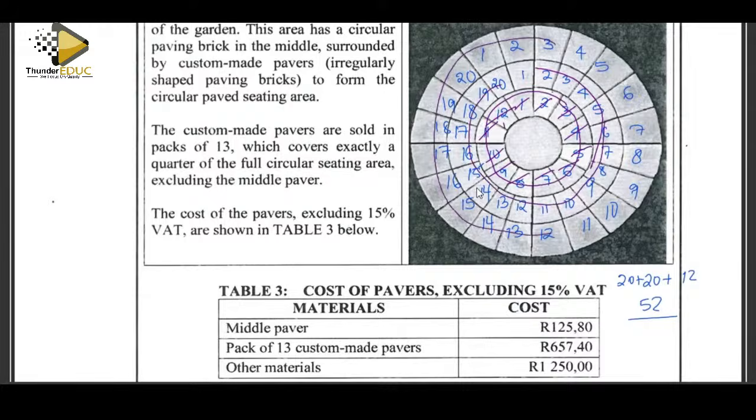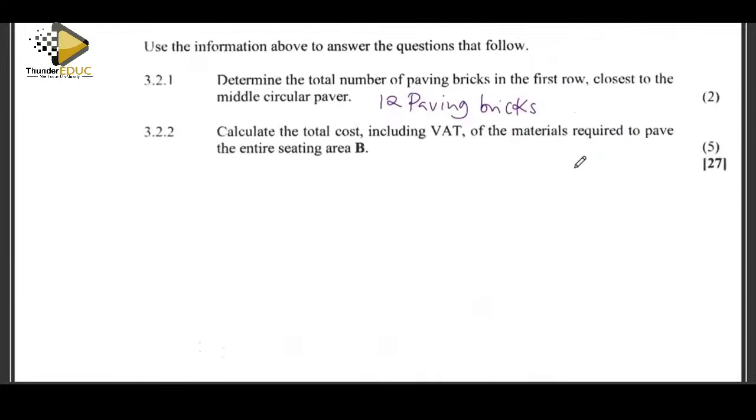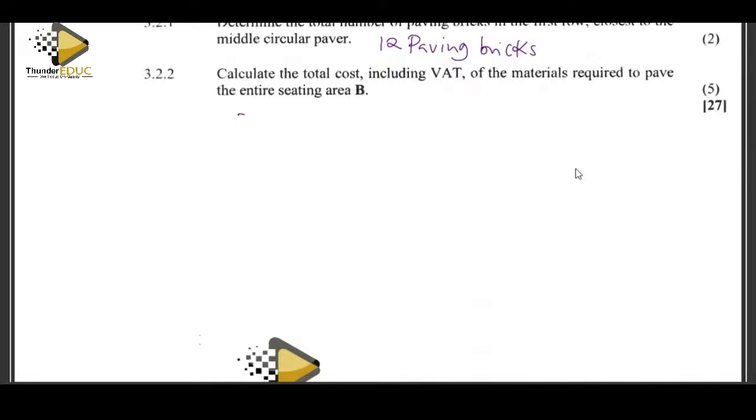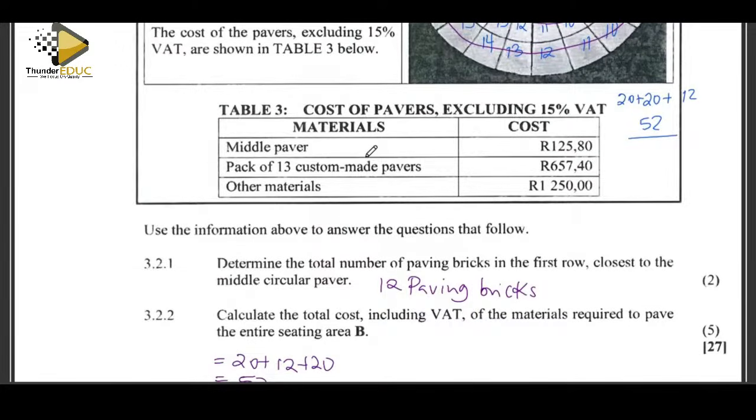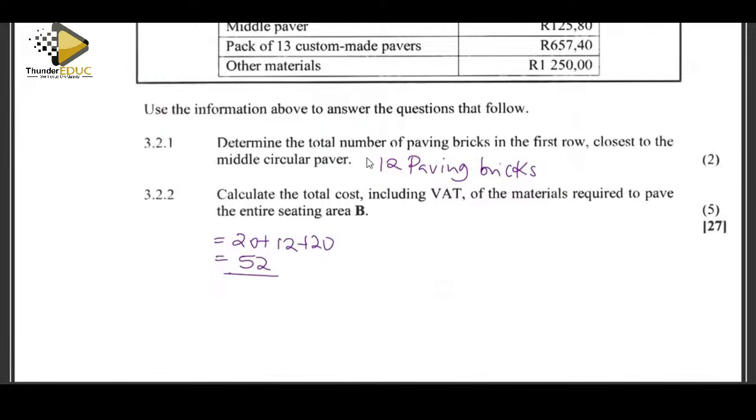Lastly, the big ones are also 20. So how many pavers do you have? 20 plus 12 plus 20 becomes 52. You understand? These pavers are sold in boxes of 13, so we divide by 13 to find out how many boxes. You find out that it's 4.